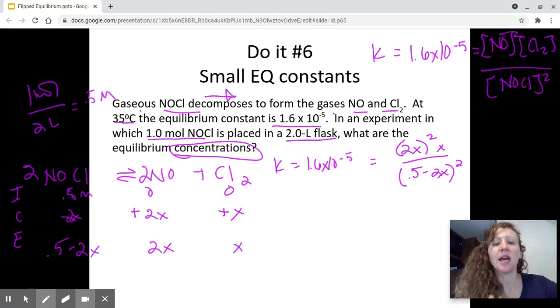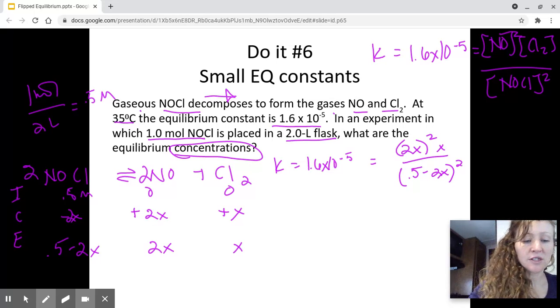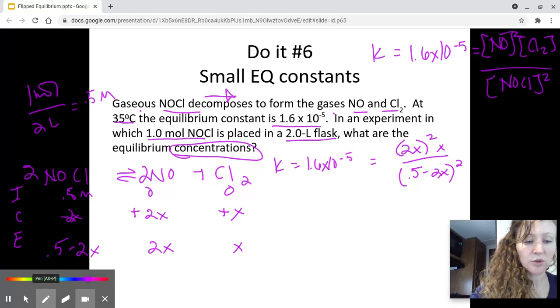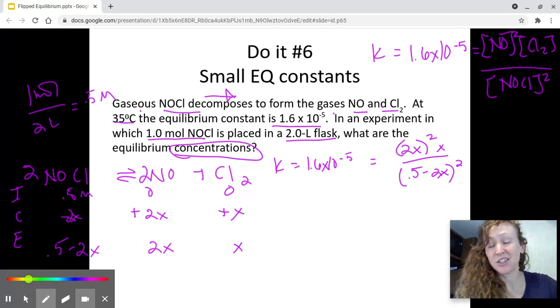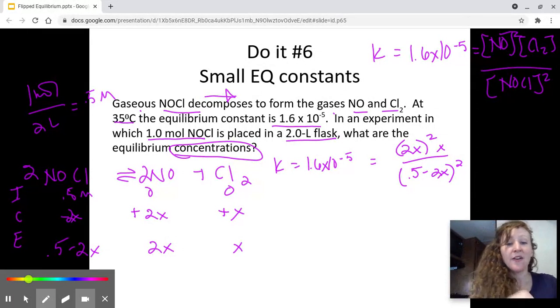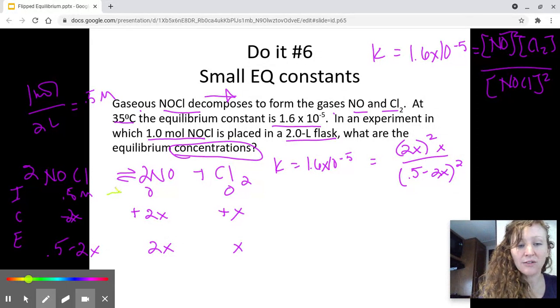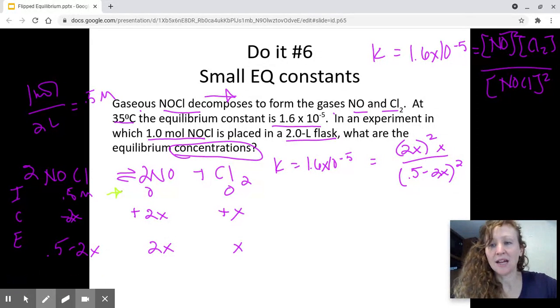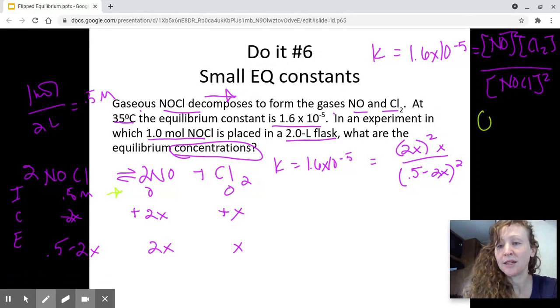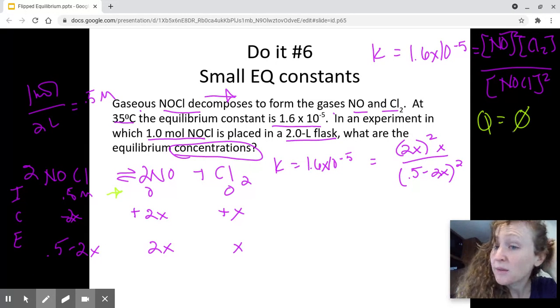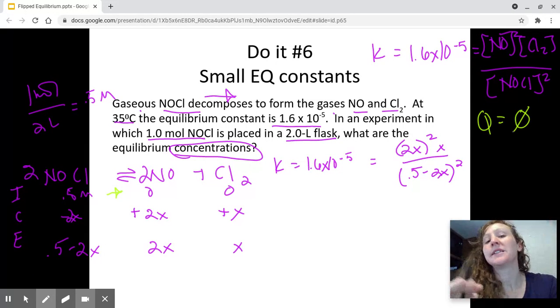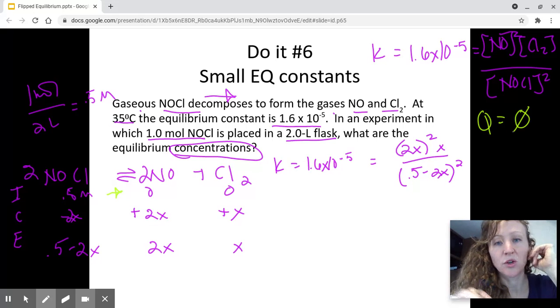So look again at our context, right? First piece of context I want to point out to you is that I never solved for Q. I never plugged in Q, right? That's because I didn't have any reactant. So my Q automatically is 0. It's automatically too small, needs to proceed towards products in order to get bigger.